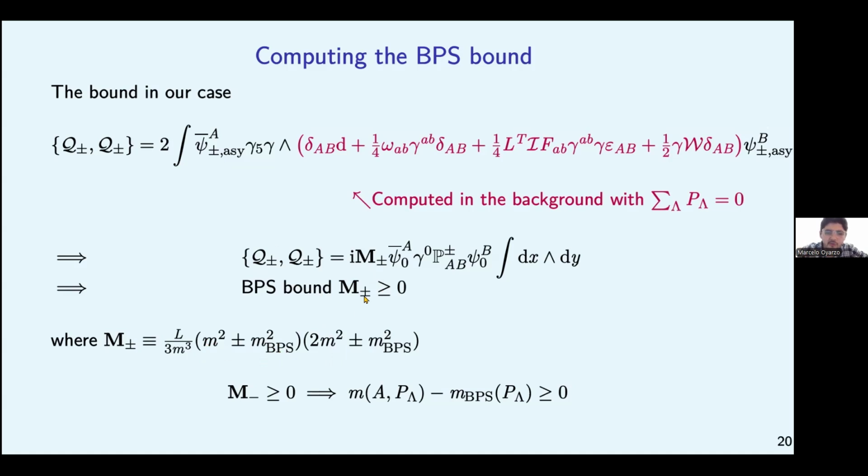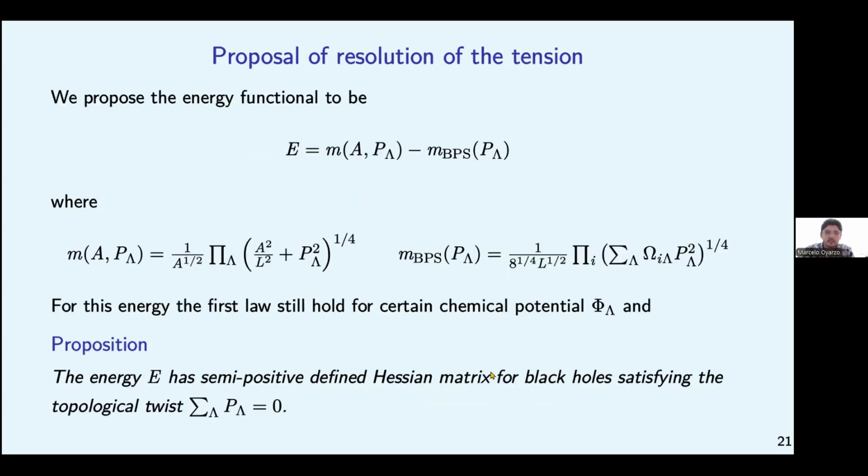In particular, the bound for the plus works immediately because it's a sum of squares, while the M minus bound implies that the parameter m minus the M BPS must be greater or equal than 0. So this can be a good candidate for the energy that allows you to conclude that the extremal configurations are stable. And the answer is yes. If you consider this as your energy, here I just repeat again what are these m and the M BPS, a function only of the P.